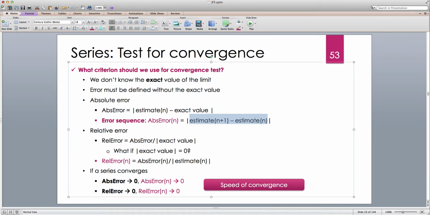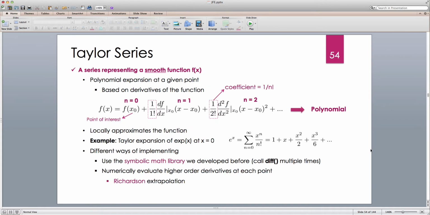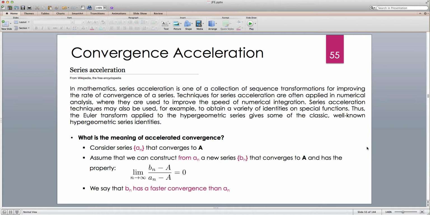And then you can also define a relative error, and then look at the speed of convergence. All right. One of the very famous series that we talked about was the Taylor series, and we implemented that in Java, and we said that the Taylor series requires the calculation of the derivative of f many times. Each term n of the sequence requires the nth derivative, and then we discussed how to do that.